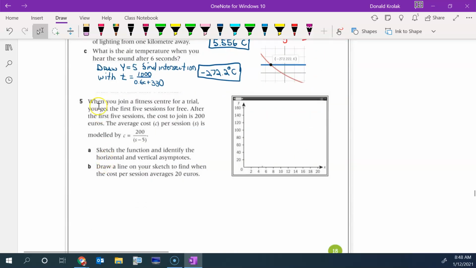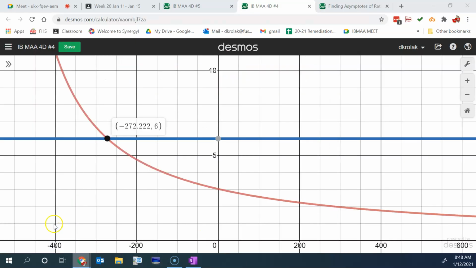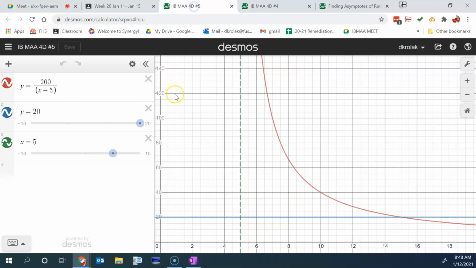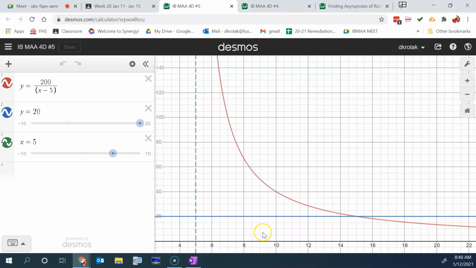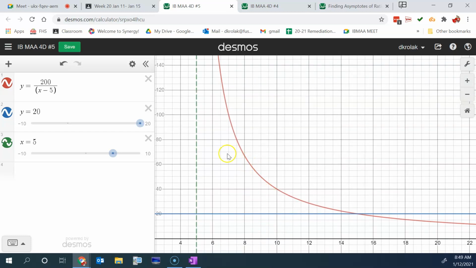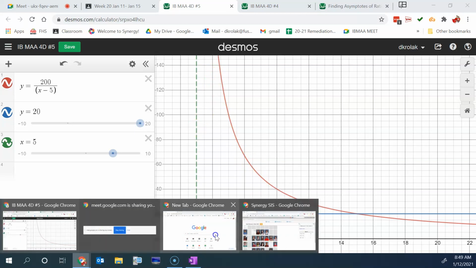All right, so now if you open up 5, I did the same thing. So if we go back to here and we open up graph number 5, okay, the red line is our graph, or the red curve. And let's see what the context is here.